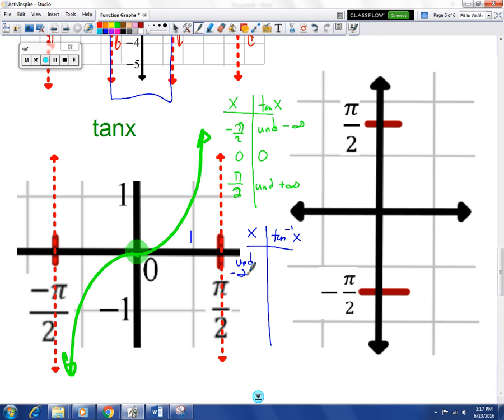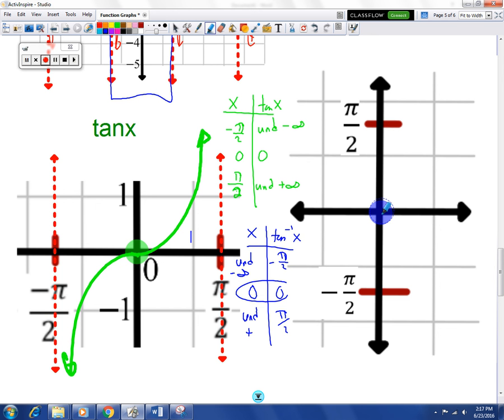I'll put negative infinity for that one, and 0, and then the other undefined, positive infinity. So this really is standing for negative pi over 2, that's 0, that's positive pi over 2. Let's do the easy point first: 0, 0. On the inverse tangent, a point right here in the middle at 0, 0.